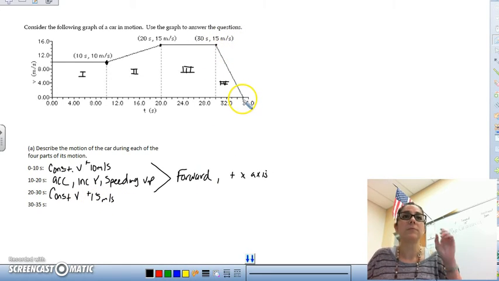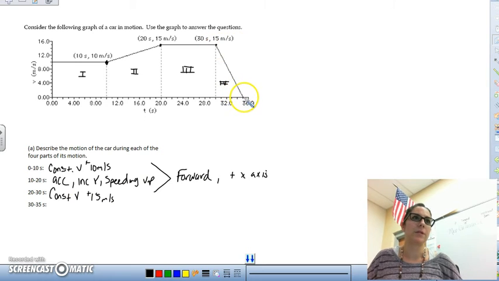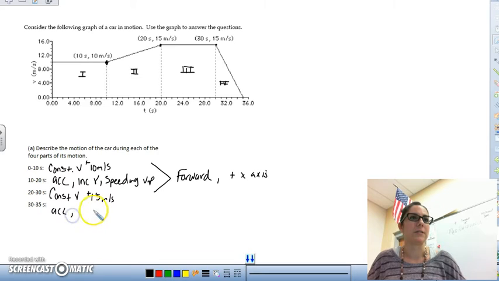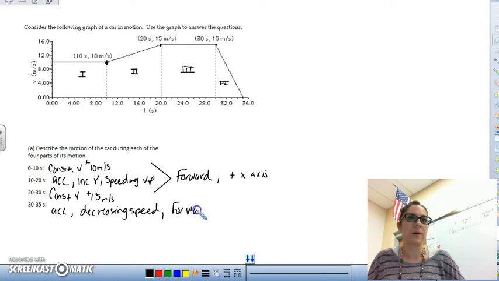And then right here, we're going from 15 meters per second to 0. This is an acceleration because we're changing our velocity. We're also decreasing speed because we're going from 15 to 0. Sorry for the poor penmanship. It happens with this writing stylus. We're still going forward because we're still in the positive axis.